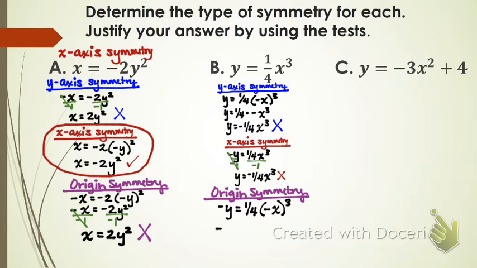So this is going to simplify to be negative 1/4 x cubed. And then I'm going to divide both sides by negative 1. And what happens? I get a positive 1/4 x cubed. Is that what I started with? Yes. So this is symmetric about the origin.